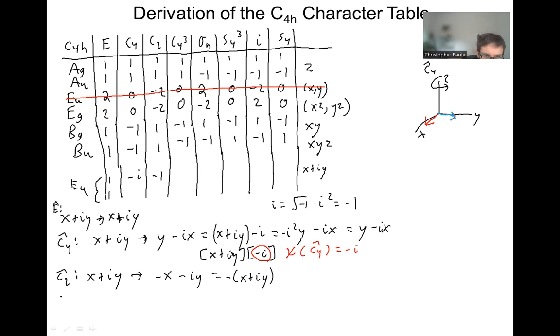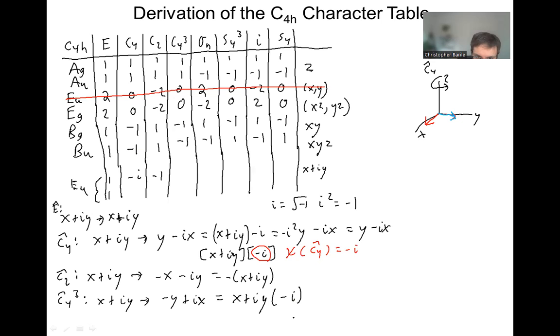So let's keep going. C4h. x plus iy is going to go to, well, x spun all the way to negative y, and y spun all the way to x. So put in an x for where the y was, and this equals x plus iy times i.